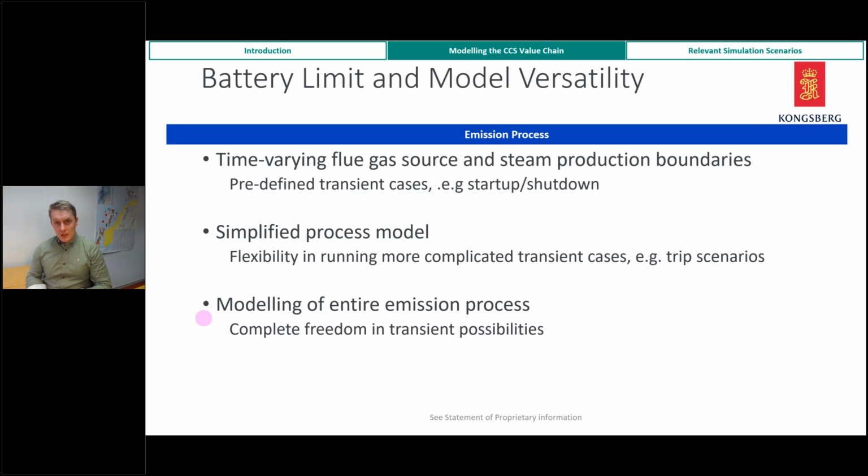And this is something that can be looked into as a huge advantage in certain CCS projects where the plant is already well known and well understood. You can actually model the emission process. Again, it will be a simplified process model, but because you have so much data, you can actually overlay that and make sure that your dynamic is represented in an accurate way.